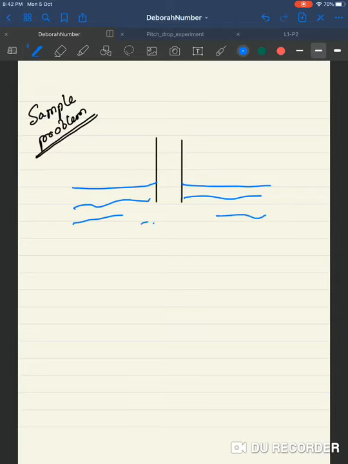The fluid also has surface tension, so the fluid will rise up and attain an equilibrium height. And this angle, let's say, is theta, and this is diameter d. Gravity is downwards, take it as g. And then you have this height difference as delta h.